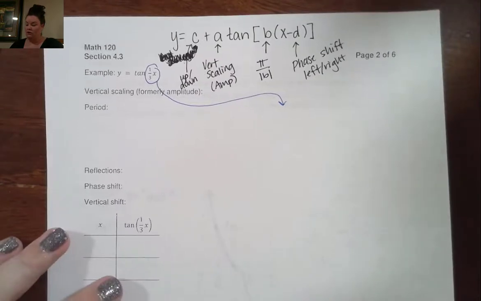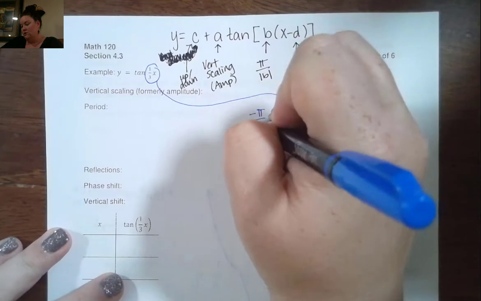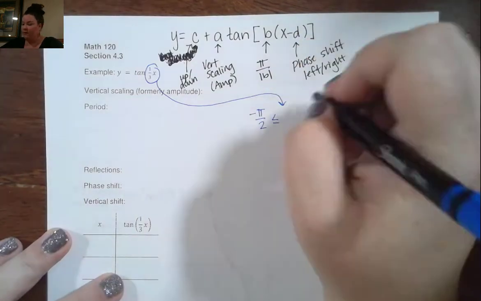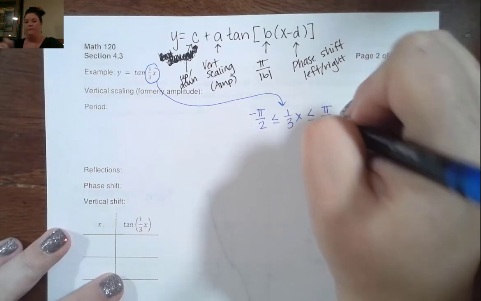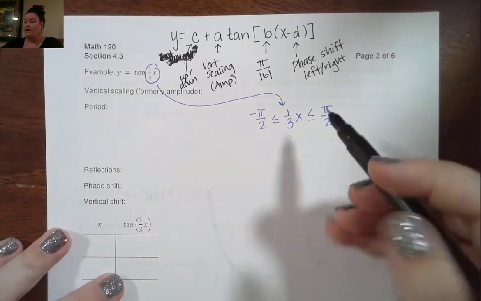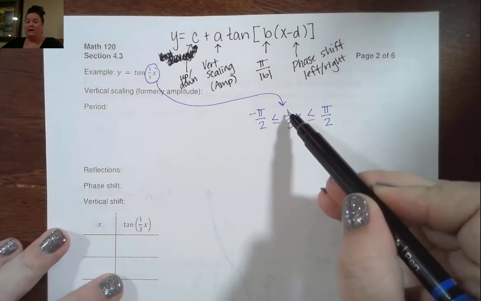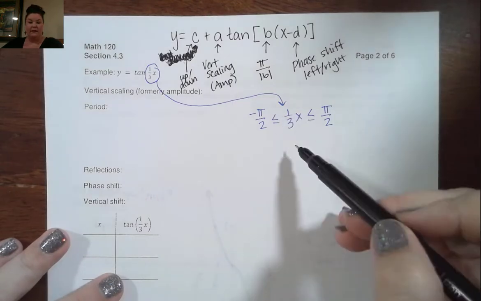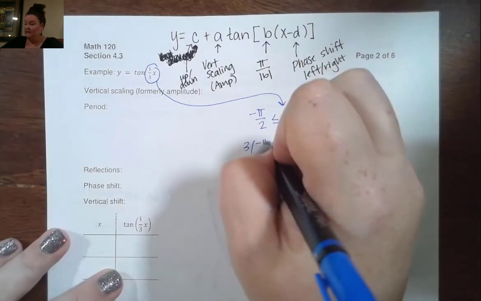So that's what I'm going to adjust my x's with. I want to make sure that my function goes from negative pi over 2 to positive pi over 2. Now I'm just going to adjust my x's so that I get those nice, pretty values, right? The only thing being done inside here to my x is it's being multiplied by a third, or divided by 3, right? So to undo that, I'm just going to multiply by 3.